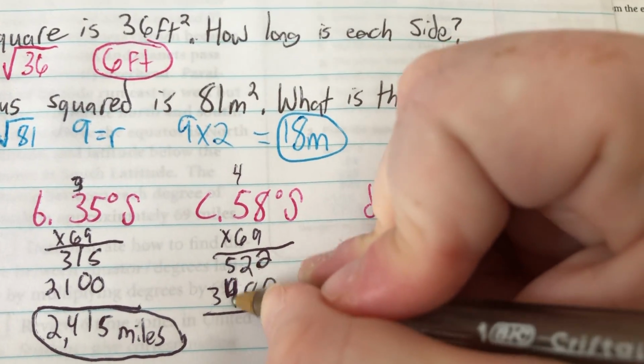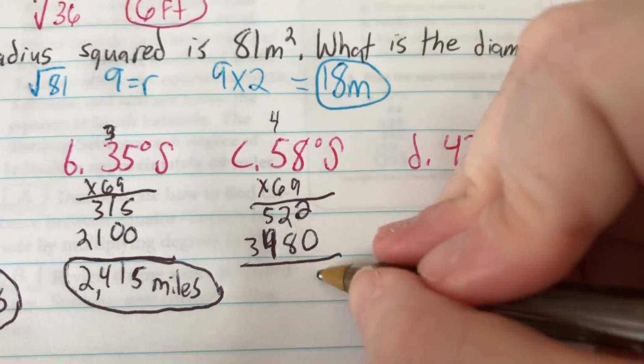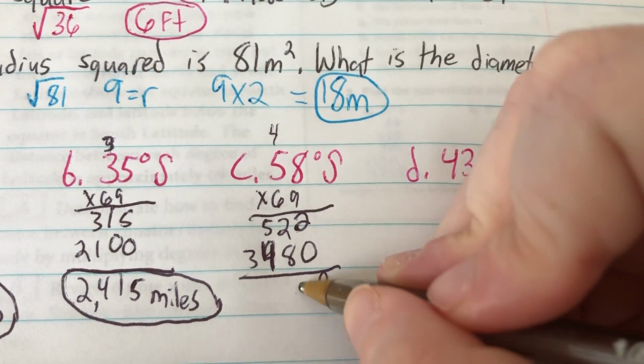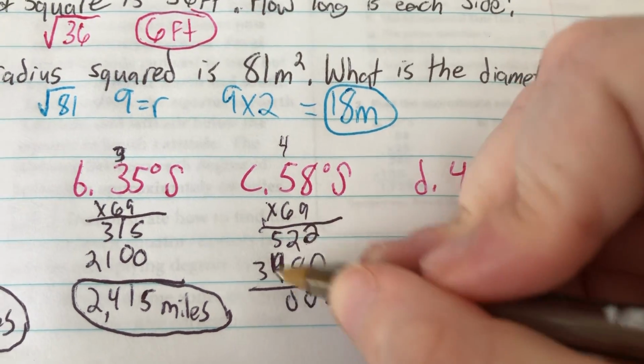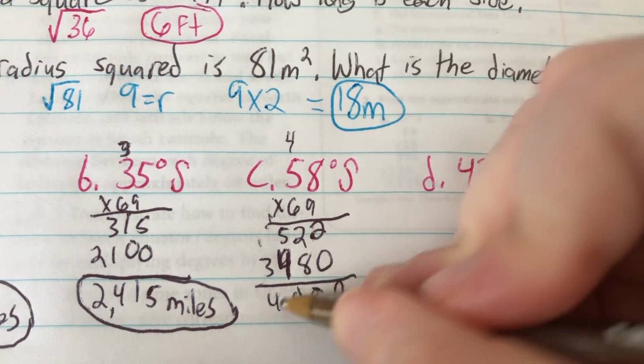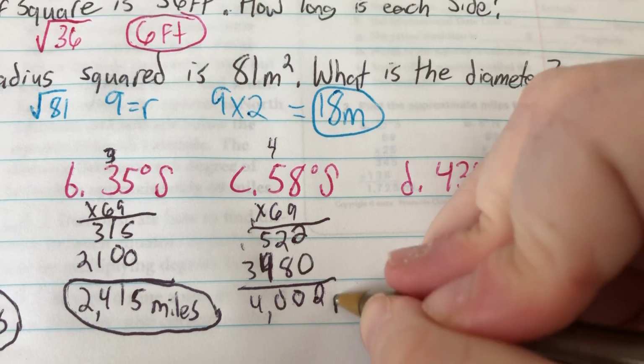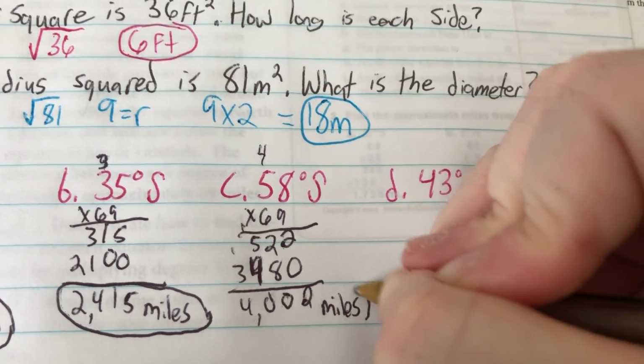Sorry, that 4 isn't very clear. Okay, 2, 8 plus 2 is 10. 1 plus 5 is 6, plus 4 is 10. 3 plus 1 is 4. So it would be 4,002 miles south of the equator.